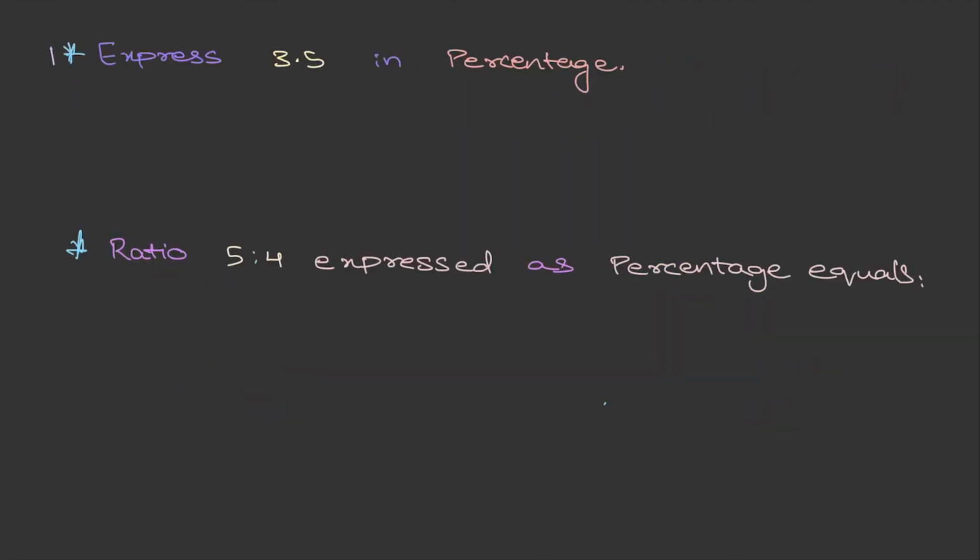In case 1, questions will be of this form. In the first question, they've asked us to express 3.5 in terms of percentage. As it is a decimal, we must multiply with 100, which gives us 3.5 into 100. This is 350%.